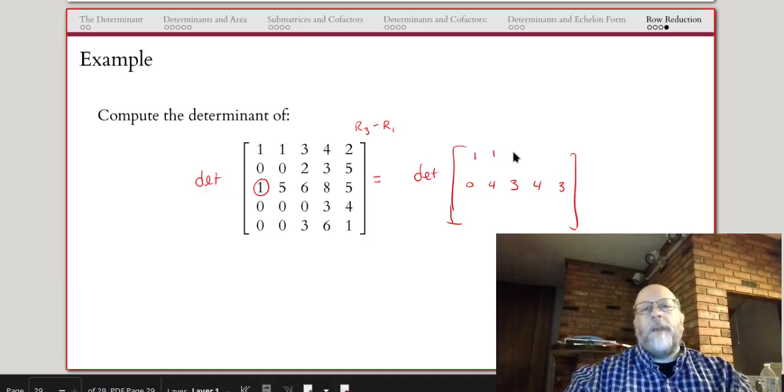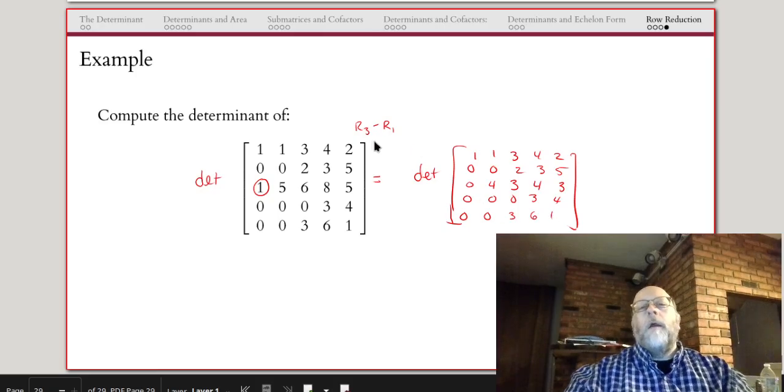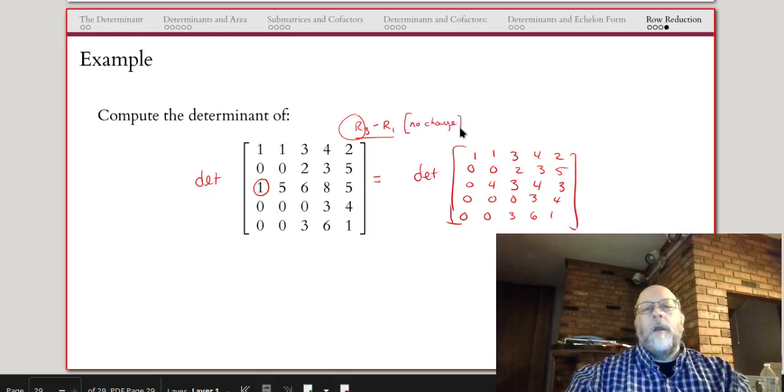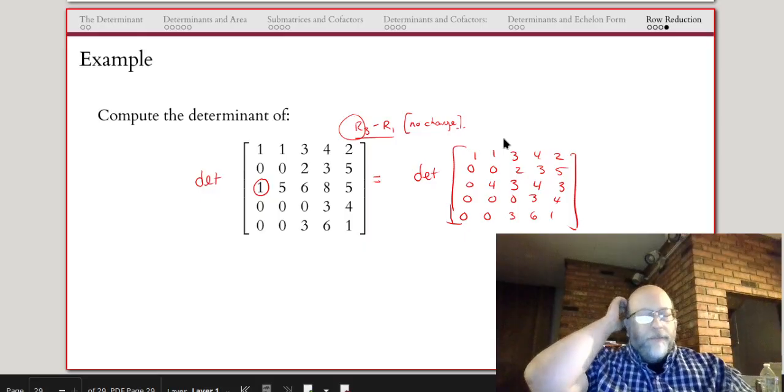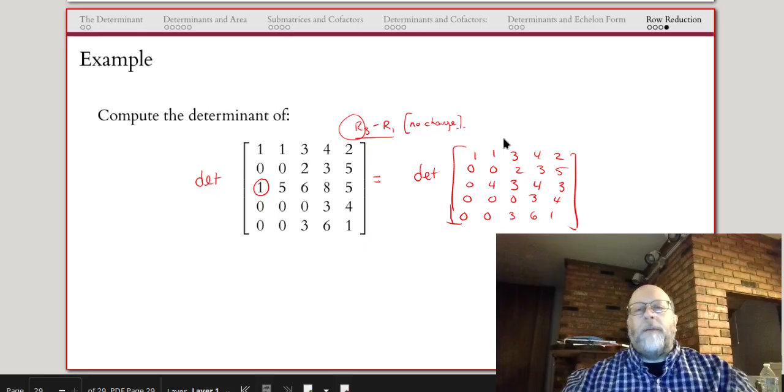And I'll fill in the rest of the entries here. Now, what effect does this have on the determinant? It has no effect, because we changed row 3, and the coefficient in front of row 3 is a 1, and so this step has no change. So we don't have to do anything yet, because we did not change the determinant.